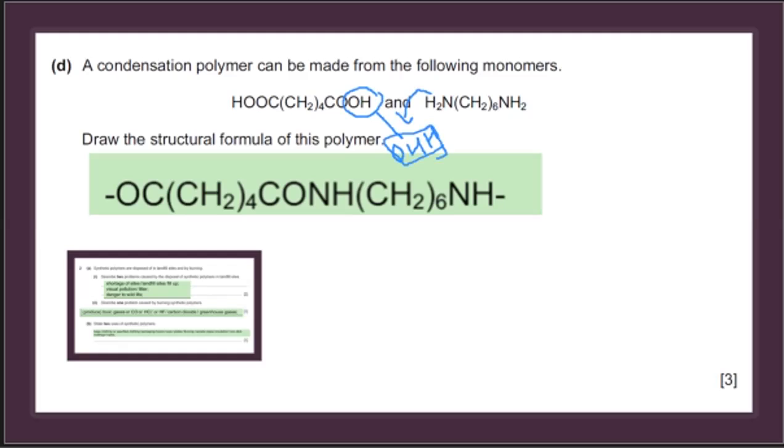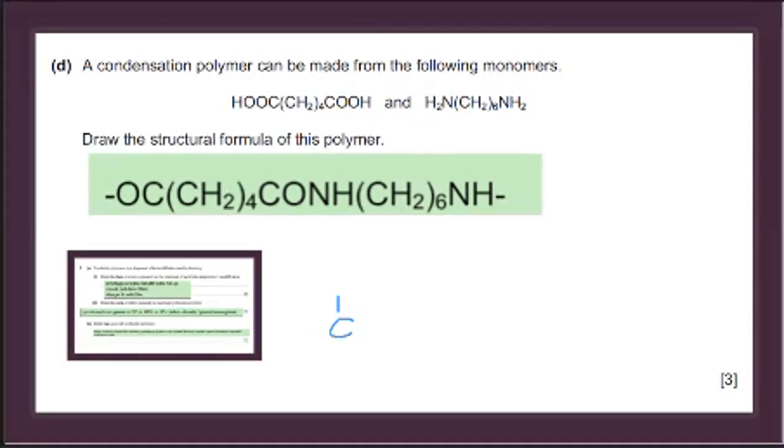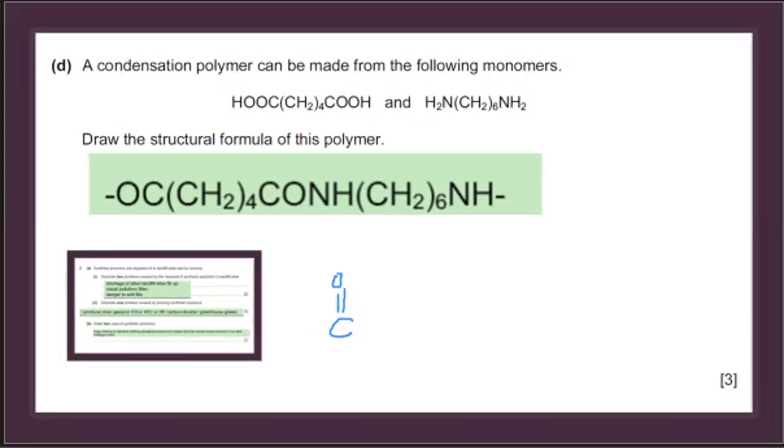H2O is being removed. So if that happens, then the rest of the structure could look something like this. So I have CO. Then I have a CH2 group by 4.